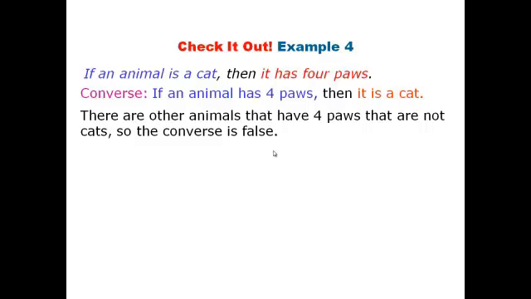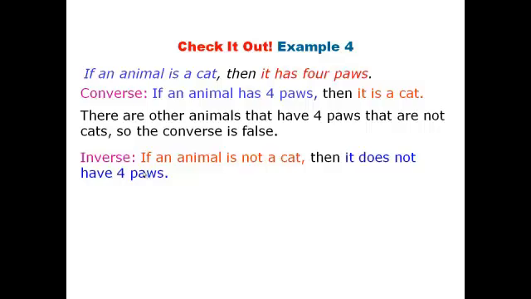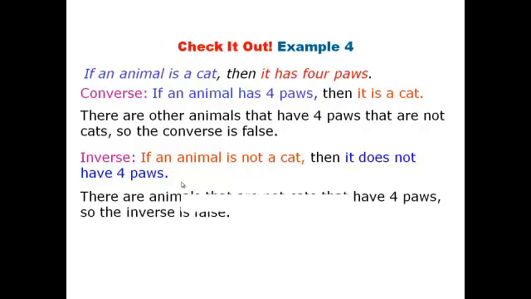Now let's talk about the inverse. Remember, the inverse is when we say if not P, then not Q. So in this case, we would say if an animal is not a cat, then it doesn't have 4 paws. Now let's think about that. Are there animals with 4 paws that are not cats? You bet. This is a false inverse. Okay?